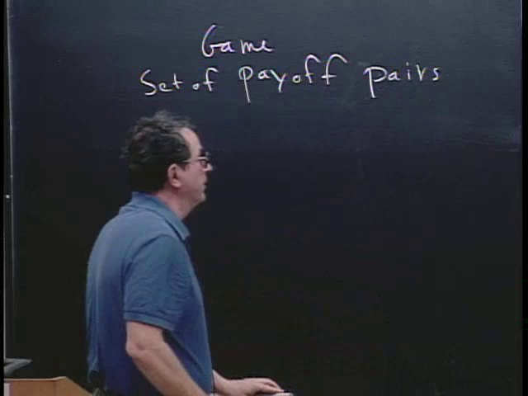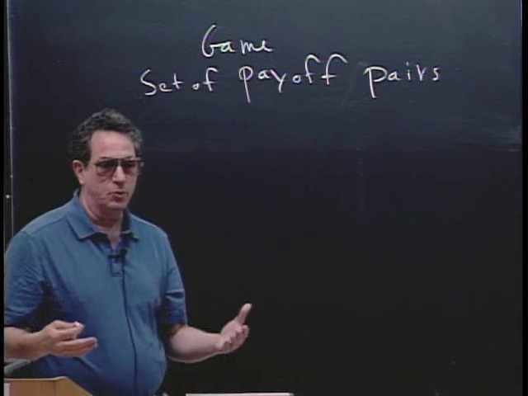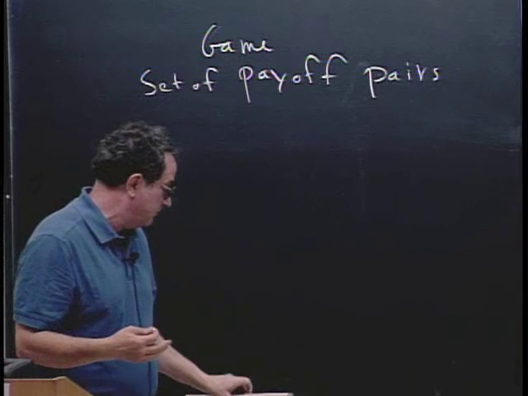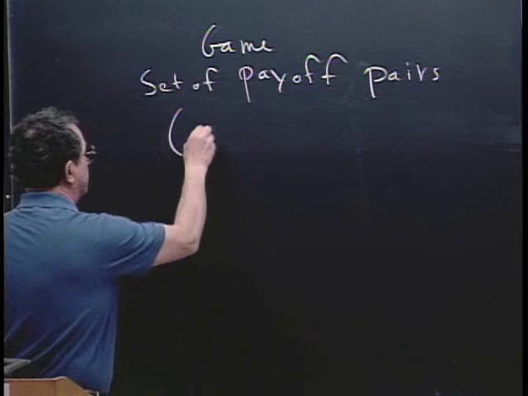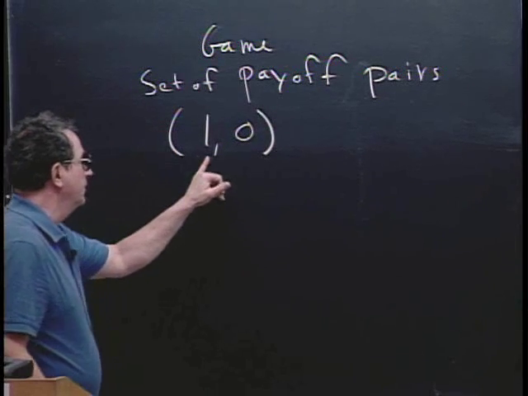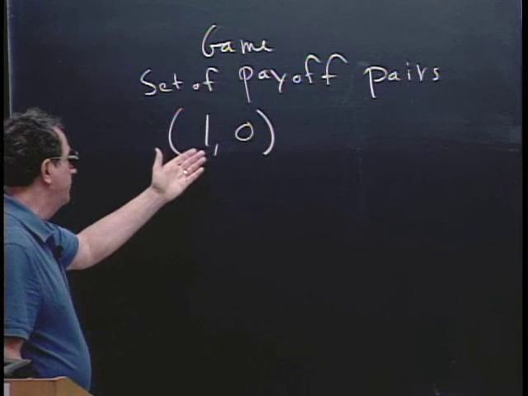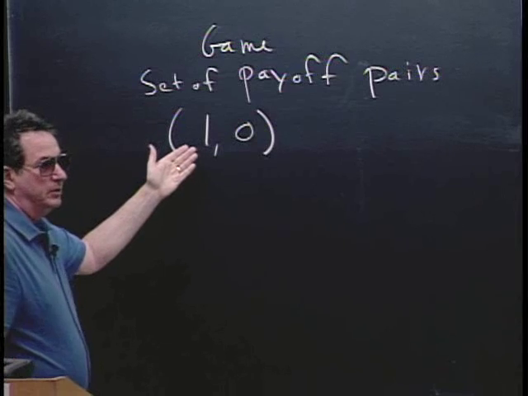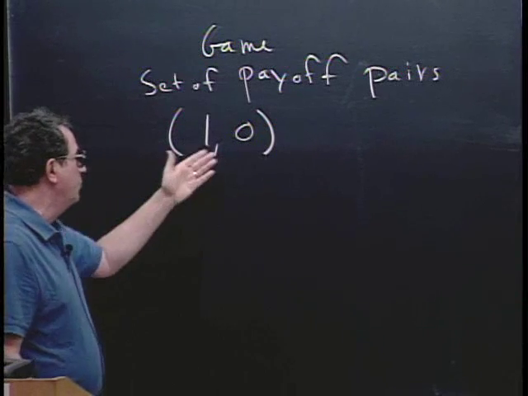These payoff pairs indicate what are the possible outcomes in terms of scores, in terms of what the teams accumulate. So in baseball, you either get one win or 0 wins out of each game. So each game gives 1 point to one team and 0 to the other team based on who won that game.